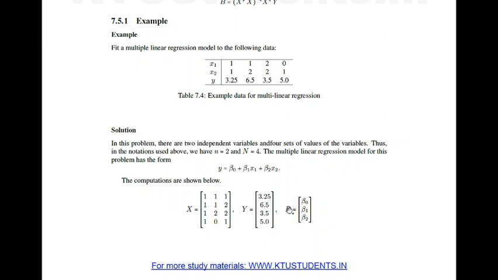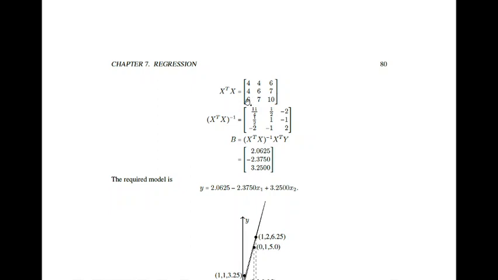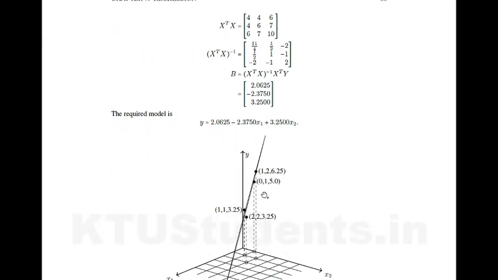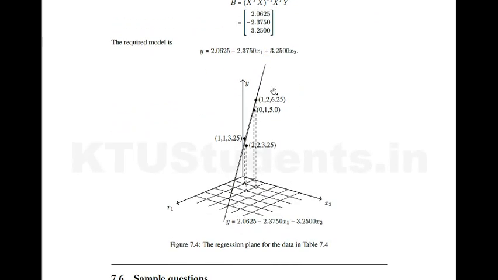Then using the equation you multiply X transpose into X, find the inverse of this matrix, then multiply this inverse with X transpose Y. You get a simple value here, and these are the coefficients: this is beta naught hat, this is beta 1 hat, and this is beta 2 hat. And this is the regression model we are representing.